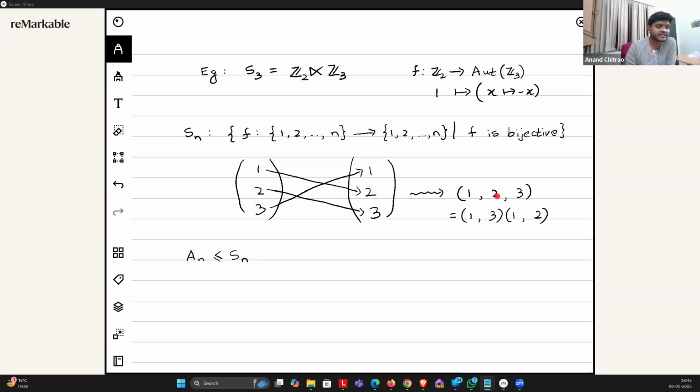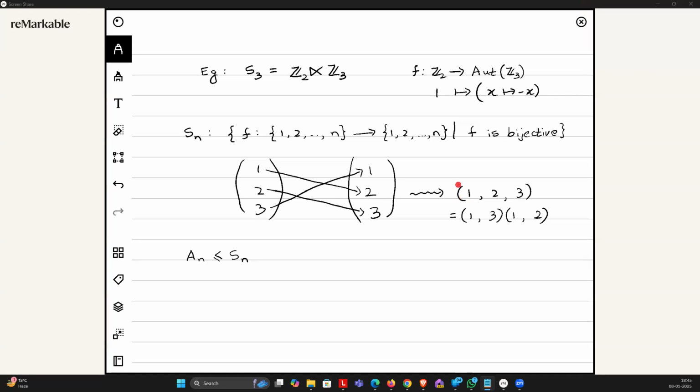This is a cycle which corresponds to this function, right?